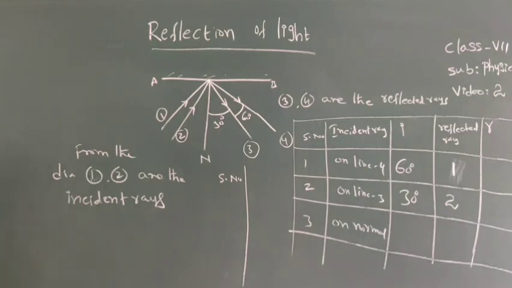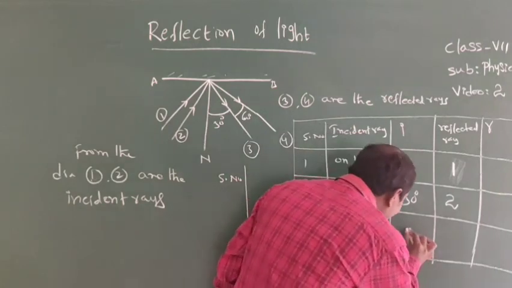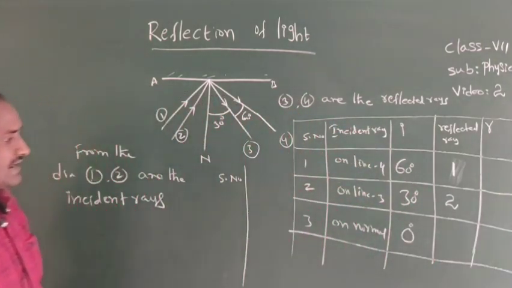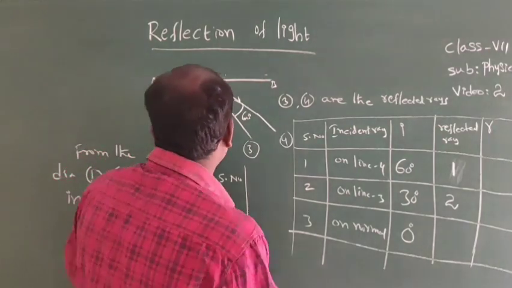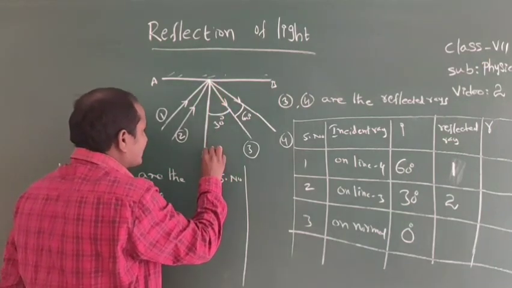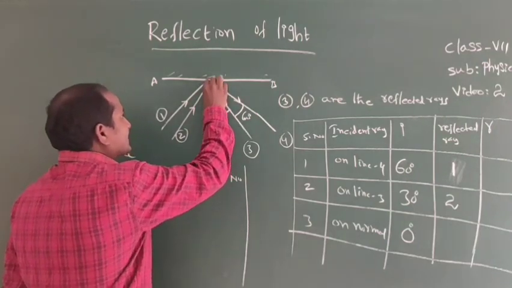Now the normal line. If a ray of light is incident normally, then the angle of incidence is equal to 0. Therefore, the reflected ray is along the normal line only. It is the incident ray direction and at the same time the reflected ray direction.